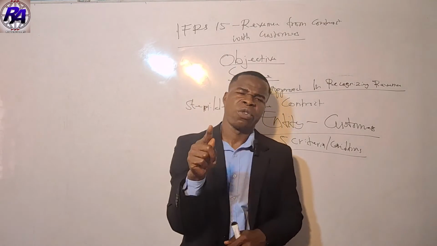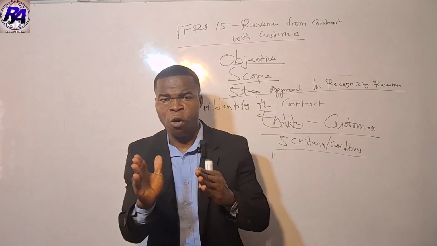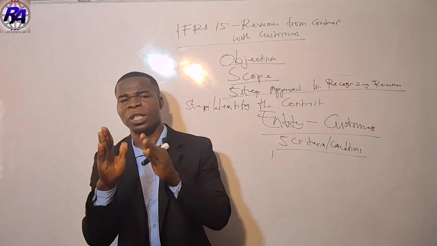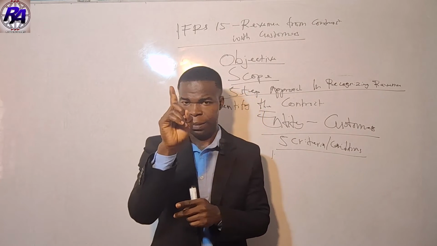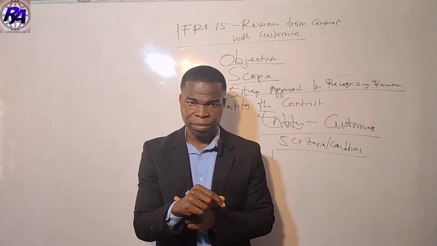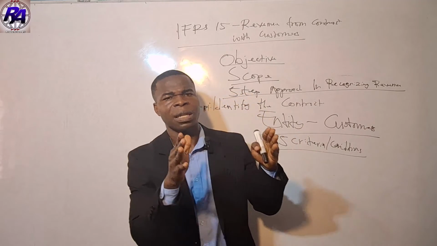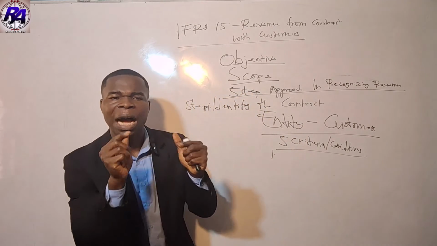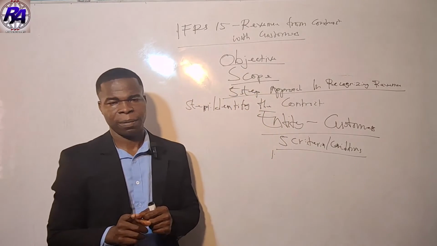Until the parties to the contract have approved and are legally committed to perform their respective obligations, this condition is not met. That is criterion 1 or condition 1. This condition must be present. The parties to the contract have approved the contract and are committed to perform their respective obligations.